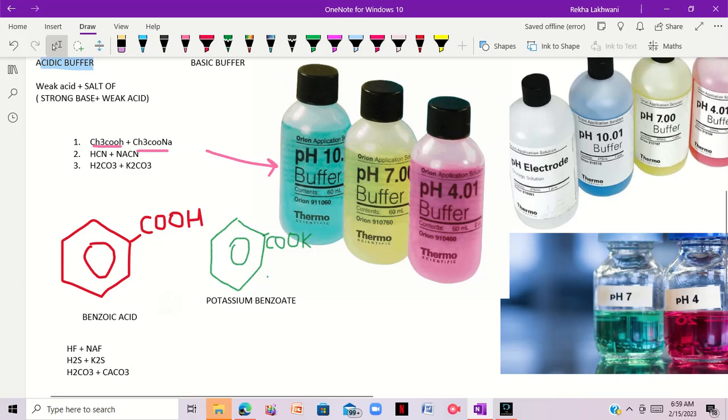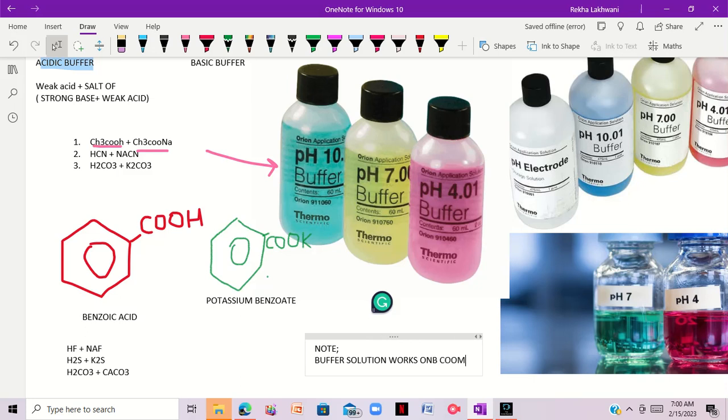This was the direct method. One thing to remember is that buffer solution works on the common ion effect. This is an important thing. Note it down: buffer solution works on common ion effect.